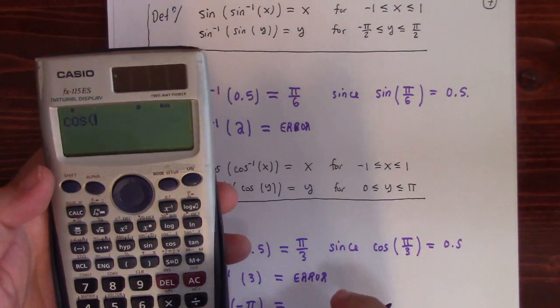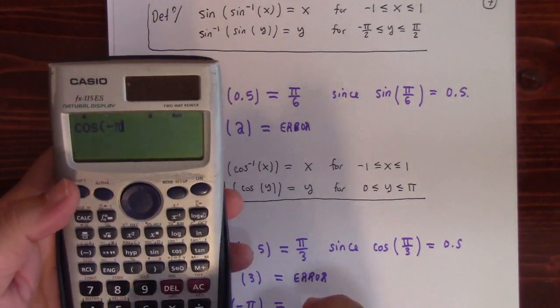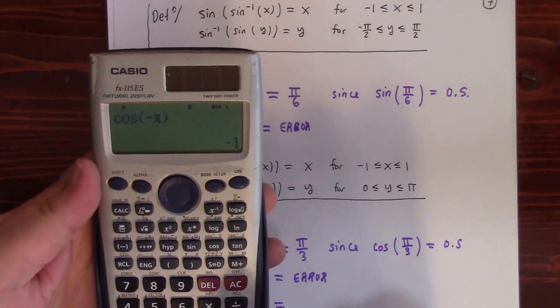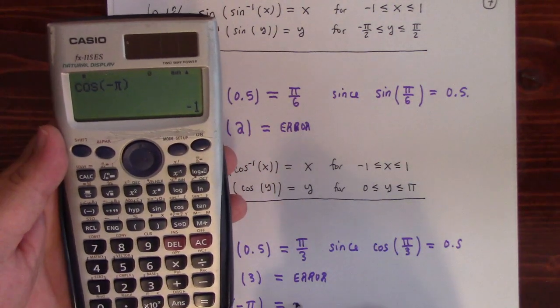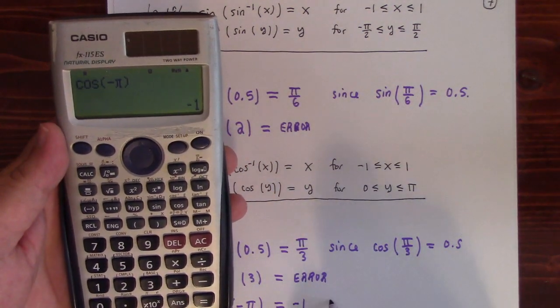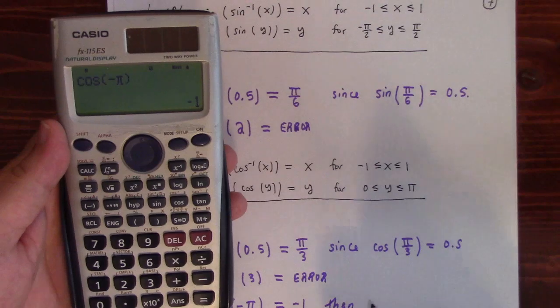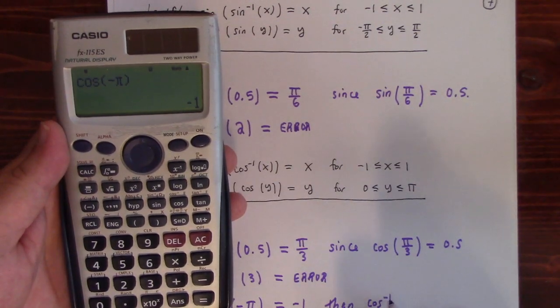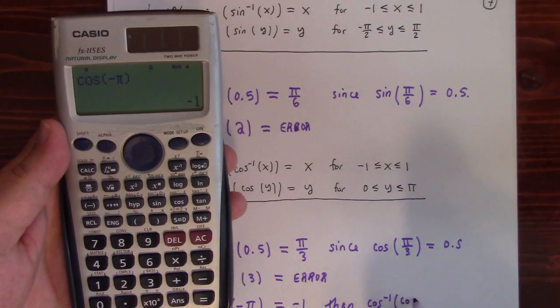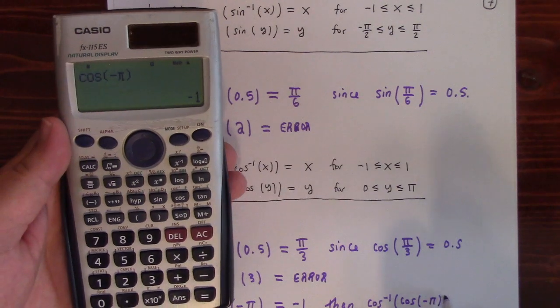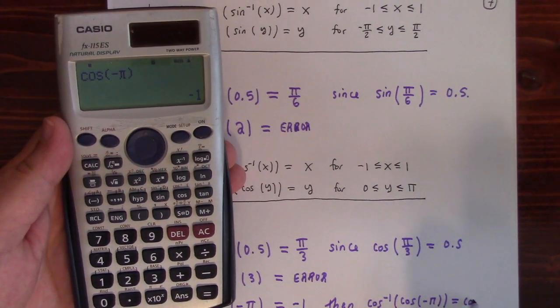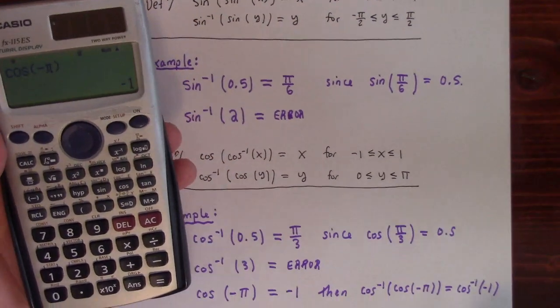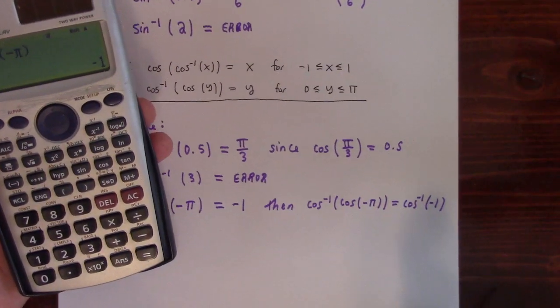It's equal to -1. So then, what happens when we take inverse cosine of cosine of minus pi? That should be inverse cosine of -1, right? But what's going to happen here?